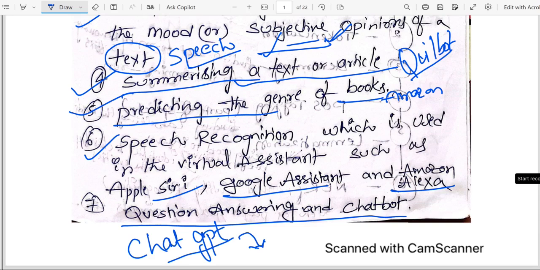Then the seventh one is question answering and chatbots. Question answering is just like a survey, and a chatbot. The best example for question answering and chatbots is ChatGPT. I think nowadays everyone knows ChatGPT, right?